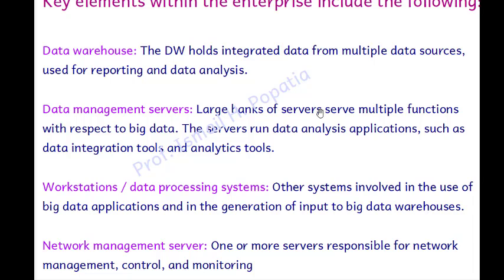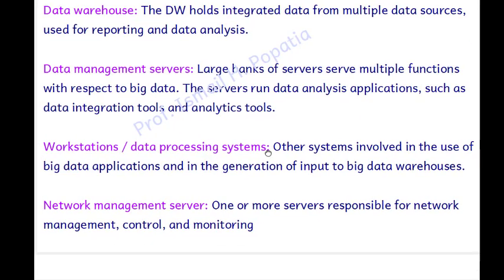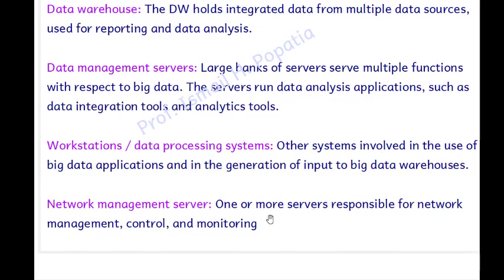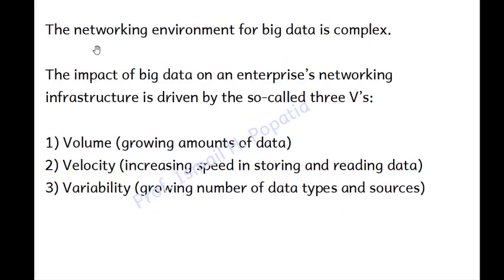These are the other systems which are used for big data applications, for generation of input to big data warehouses. Then we have the network management server. So we have one or more servers which are responsible for network management, control and monitoring. So the networking environment for big data is very complex.